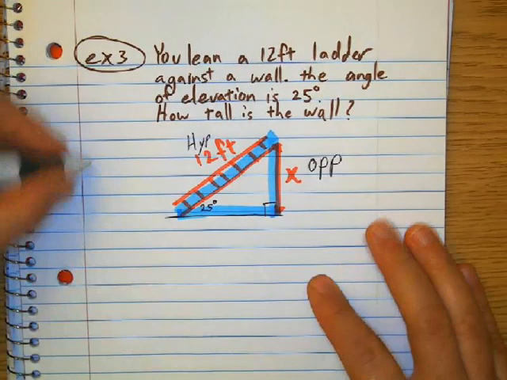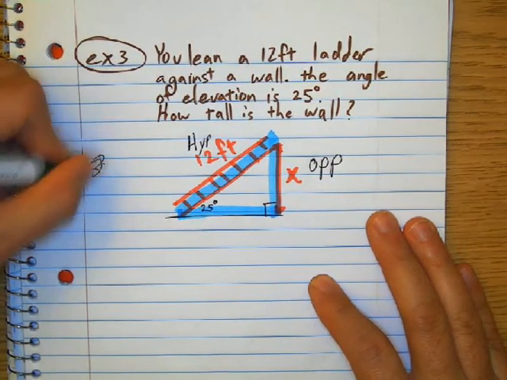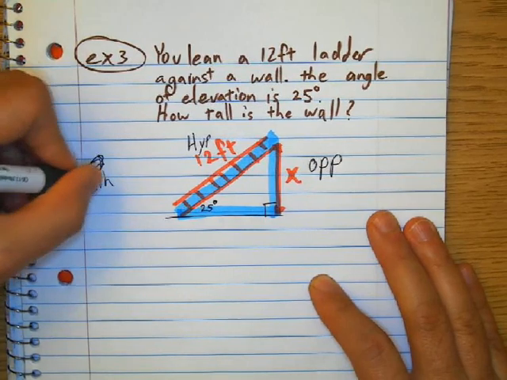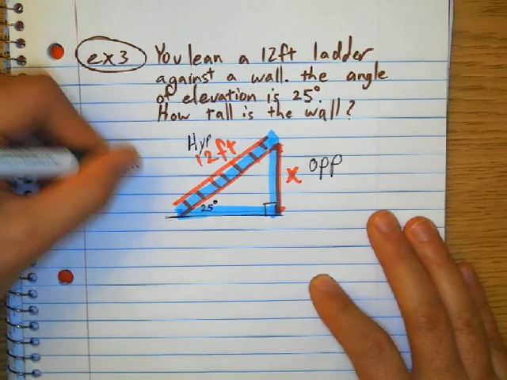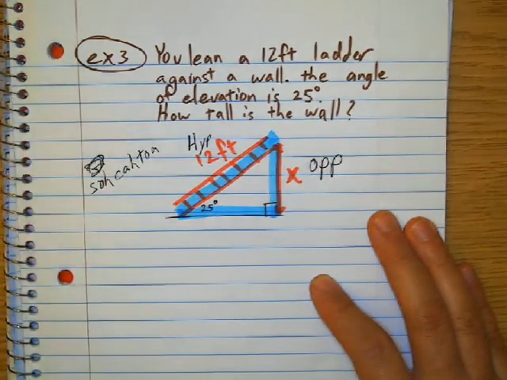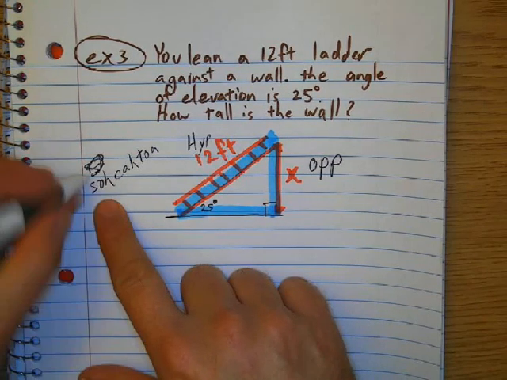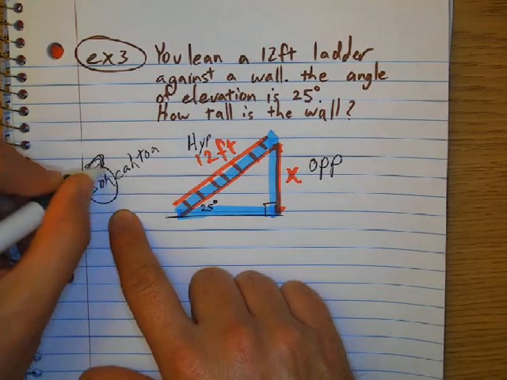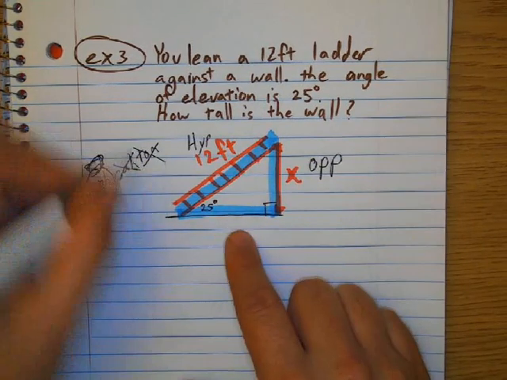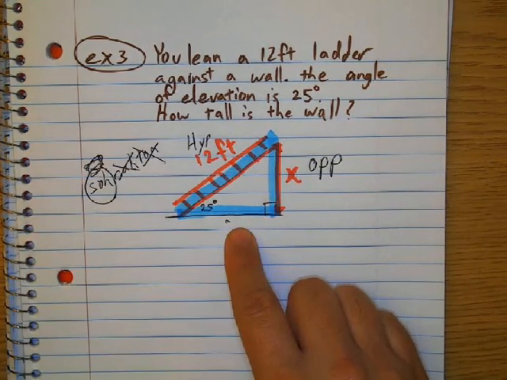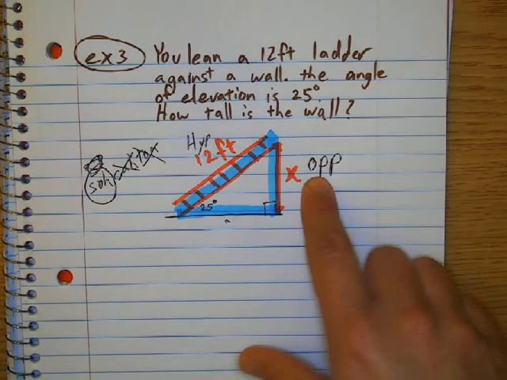So once again, TOA: if I've got opposite and hypotenuse, I'm going to be using sine. We don't know the adjacent, and we're not trying to find the adjacent. We're using opposite and hypotenuse, so we're going to use sine.